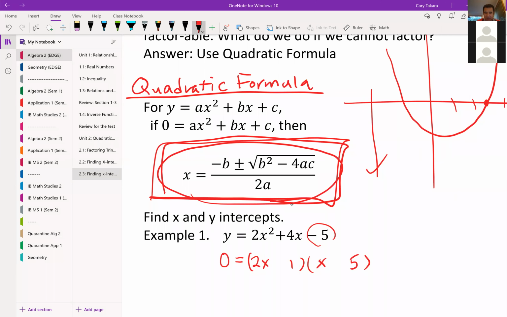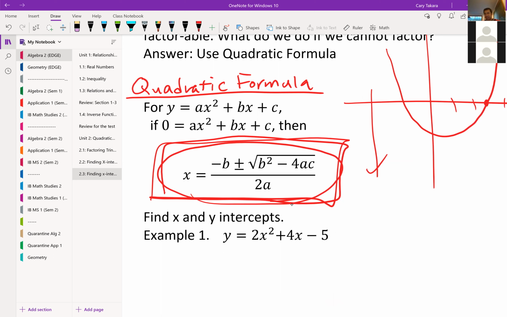That's it, right? Then it's 1x, and this is 10x. 10x and 1x, you can't create 4x, so that's not going to work out. So I'm going to switch around 5 and 1. That's 5x, 2x. 5x and 2x, can you create 4x out of 5x and 2x? And the answer is no, right? And then, so you know that you can't factor this, okay?